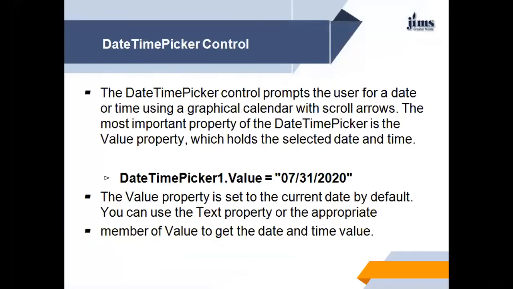Now I have changed the value: DateTimePicker1.Value = 31st July 2020. The Value property is set to the current date by default, so you can use the Text property or the appropriate member of the Value to get the date and time value.